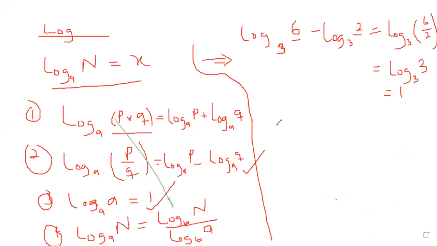If I give you something like log 27 to the base 2, what this rule is saying is this is the same as log 27 to, I can change the base, which is base 3, over log of 2 to base 3.